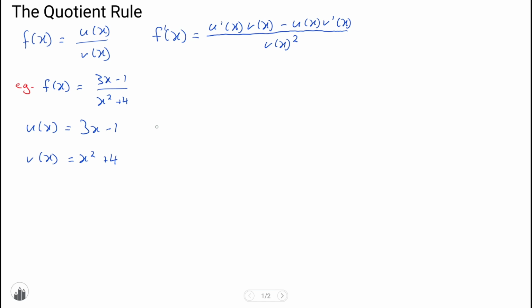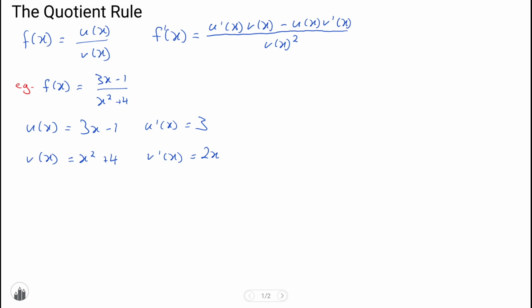So u dash of x is just going to be 3. And the derivative of v of x, v dash of x, is just going to be 2x, isn't it? Cool. So far, so good.